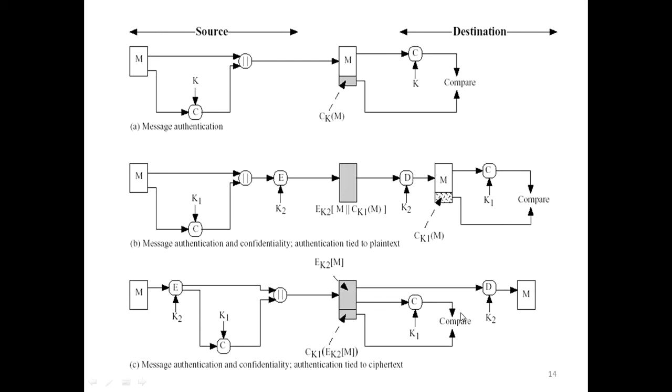Otherwise, you can also do one thing. If you want, you can avoid the decryption. Whether the received ciphertext is correct or not, you can check using this MAC computation. Compare the receiver side computed MAC code with the received MAC code. If both are the same, then the ciphertext is correct.